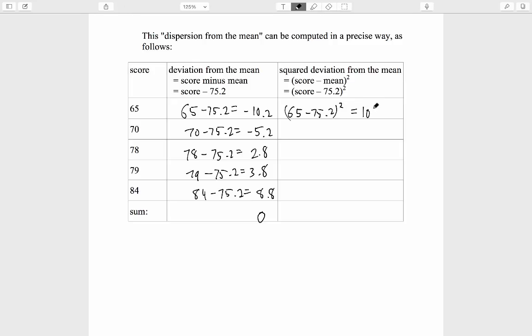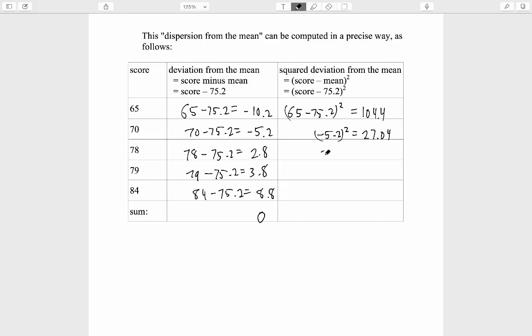We will get 104.04. We're going to think of this number as contributing something towards our measure of the dispersion from the mean. This deviation from the mean, this negative 5.2, will also be squared. It will give us 27.04. That 27.04 is also contributing something to our total measure of how dispersed this data set is from the mean.